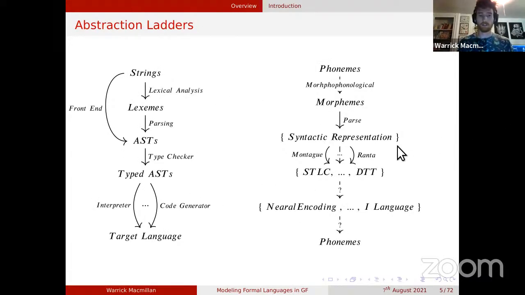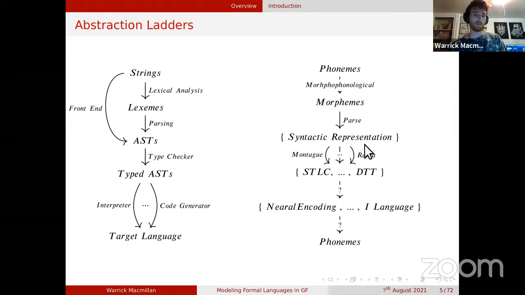The left-hand side is what you would see in a typical compiler's course. You take your strings, you lexically analyze them into lexemes, you parse them into trees, and that's what GF is doing for you, and it's also doing the reverse direction. Then, if you have a decent programming language, the type checker will check if your abstract syntax trees are well typed, and that could be via a checker or an inference algorithm.